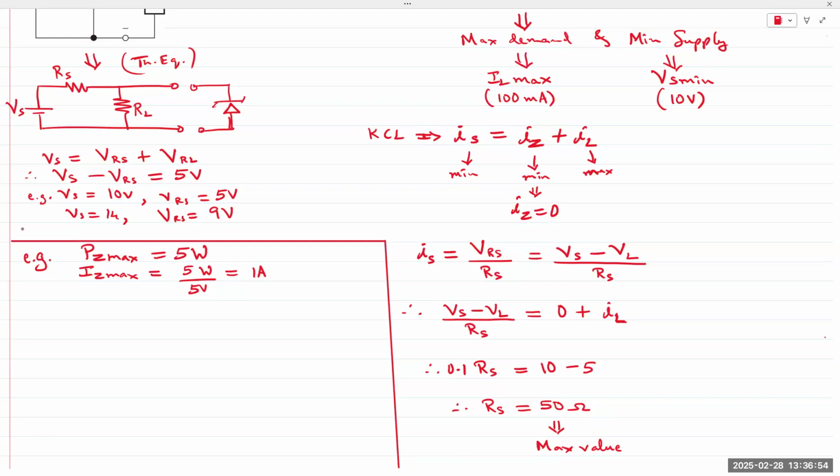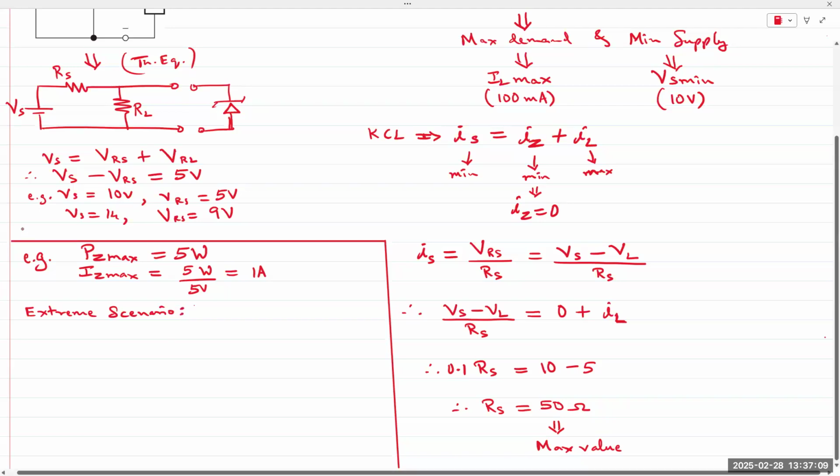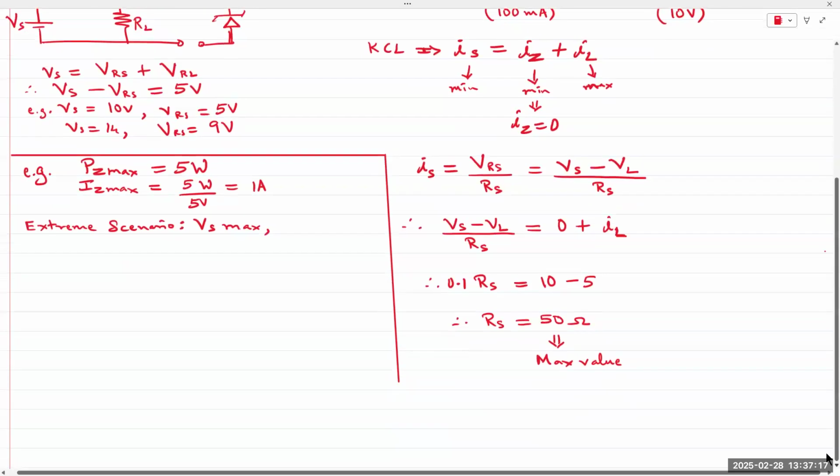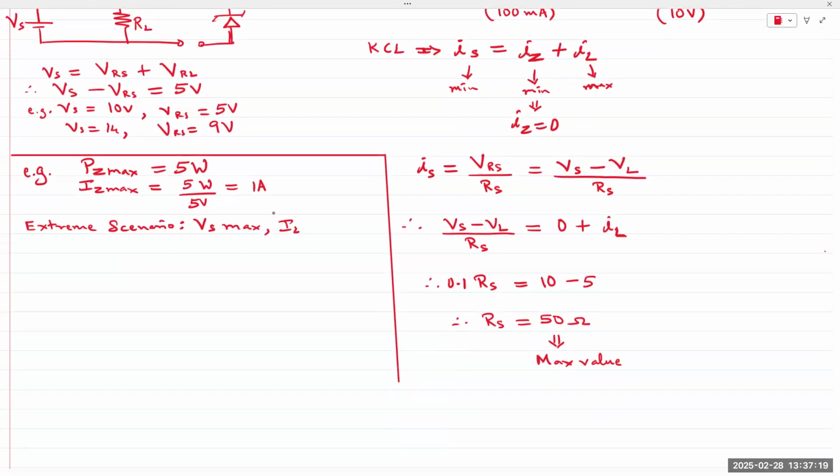So the extreme case scenario for this would be when VS goes to max and IL goes to its minimum. And we again go to that KCL expression.